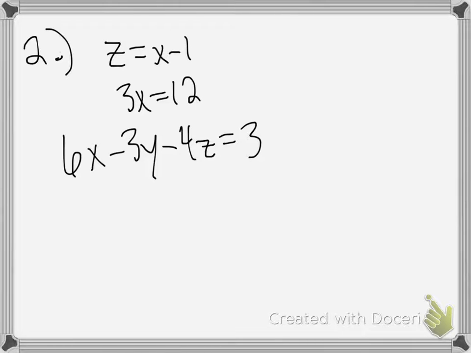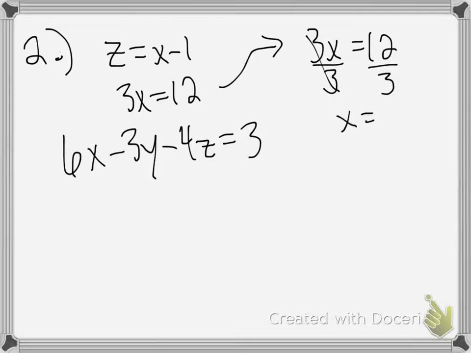So right off the bat, looking at my second equation, I can just go ahead and solve for x by dividing by 3. So I can just get x equals 4. Now it's pretty easy.